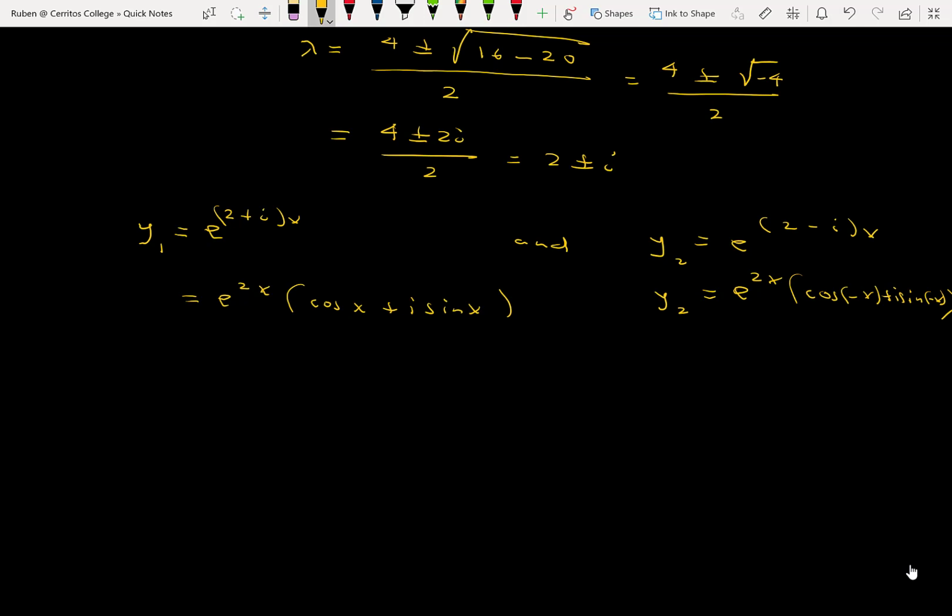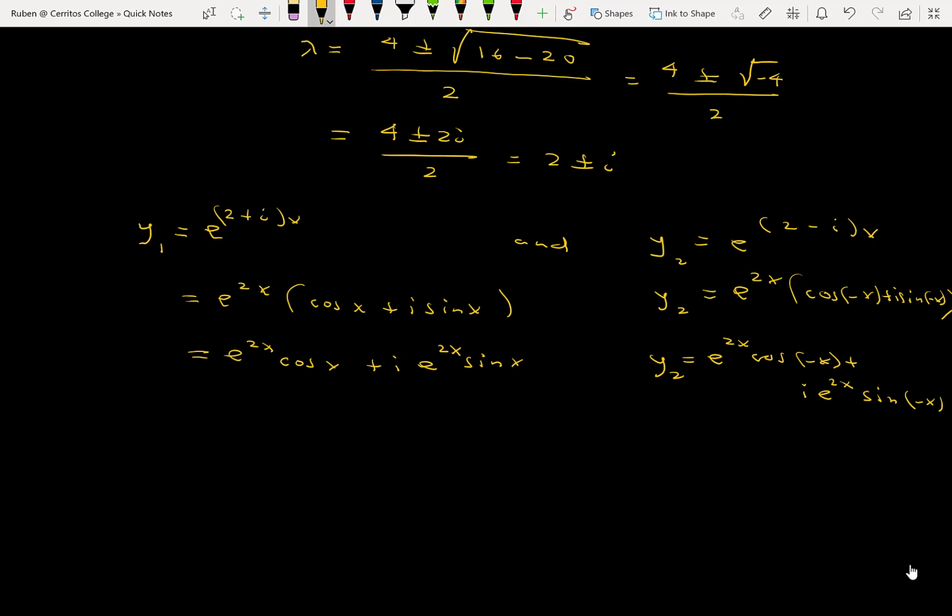All right, so let's tear these solutions apart a little bit. If we distribute the e to the 2x, we get e to the 2x cosine x plus i times e to the 2x sine x. y2 then takes on the form e to the 2x cosine of negative x plus i times e to the 2x sine of negative x.